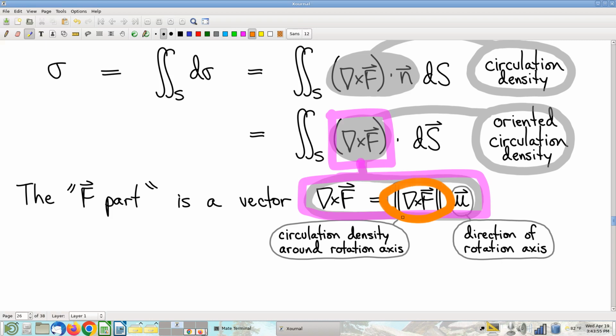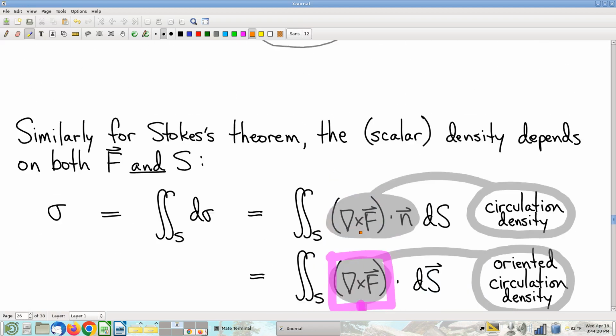The magnitude is telling you what I'm going to loosely call the overall circulation density. In other words, to what extent is there a rotational aspect to this fluid? That's what the magnitude of the curl vector tells you. But it doesn't tell you in what way that is realized.